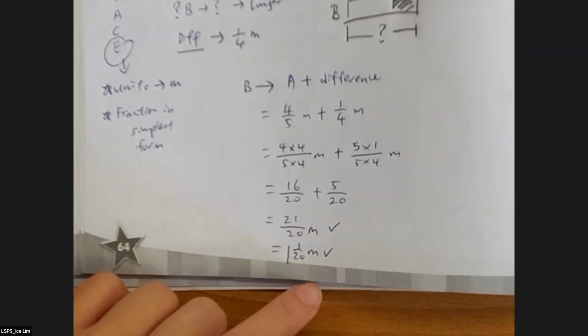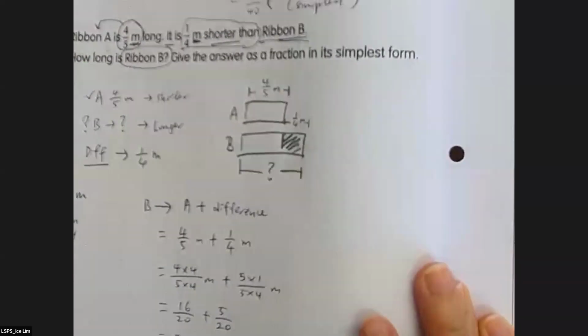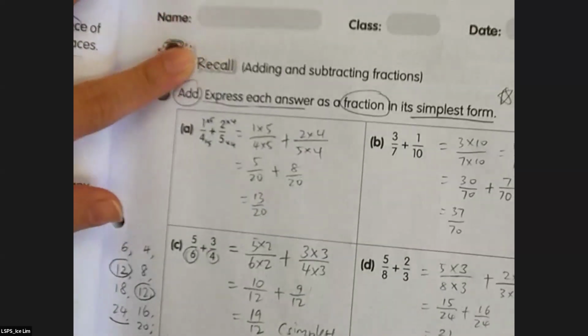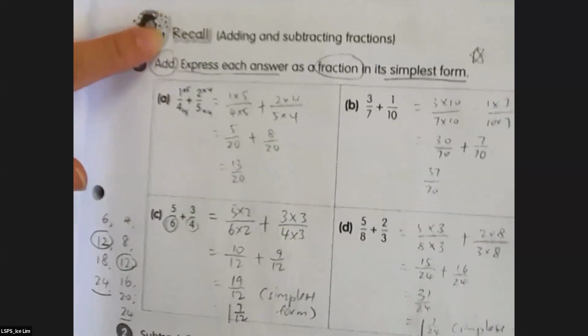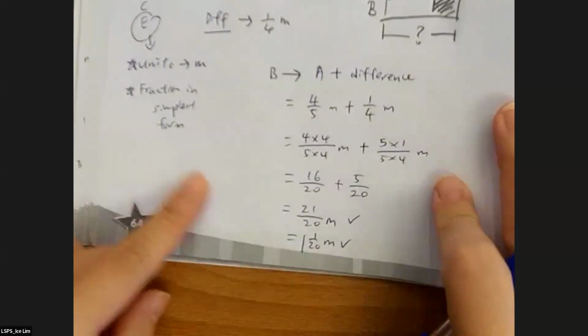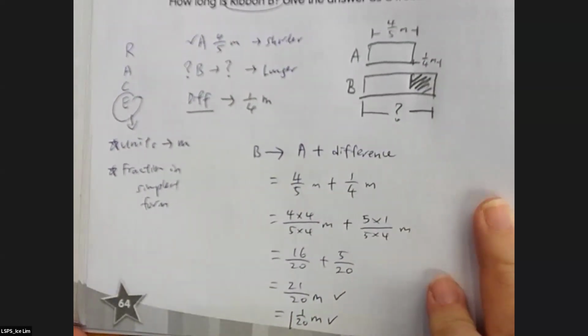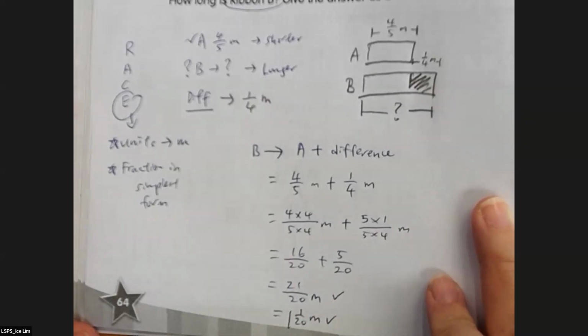Yeah, because it's primary form material. If you notice on page 63, it says recall. So these 2 pages, page 63 and 64, are actually primary form materials. Okay, so it's considered a little bit easy. So they will be on your exam on Friday.